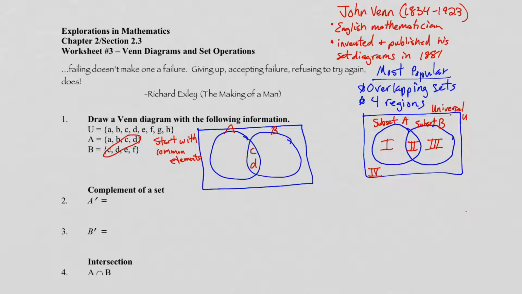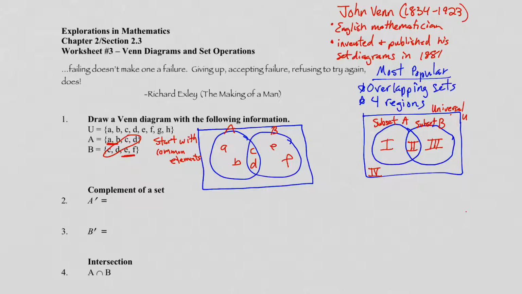Now, as you can see, set A only has A and B exclusive to set A, so that's going to go over here. And then set B has E and F exclusive to set B, so that's going to go over here. And then we have to see what's not included in either set. So if we go back to U, we have A, B, C, D, E, F, and it stops right there.